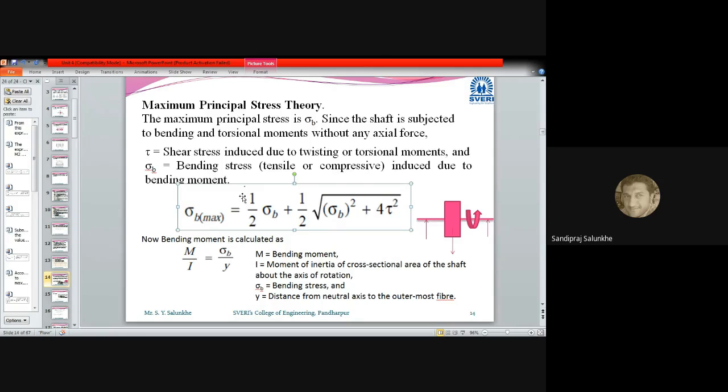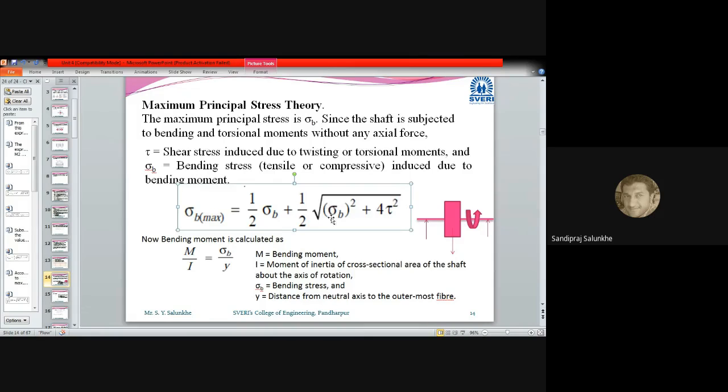So half of the bending stress plus half of the equivalent stress. The maximum principal stress is given by 1/2 of one principal stress plus 1/2 of the other, plus torsional stress. So this is the basic formula.